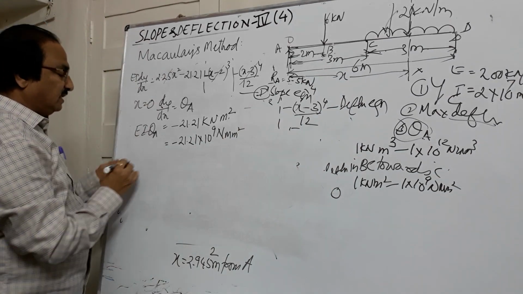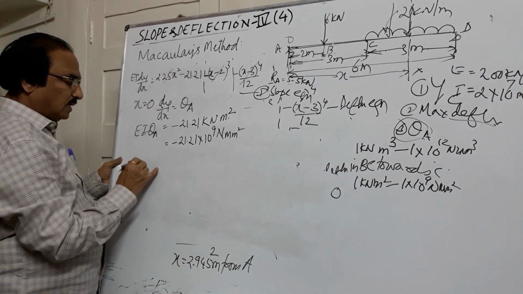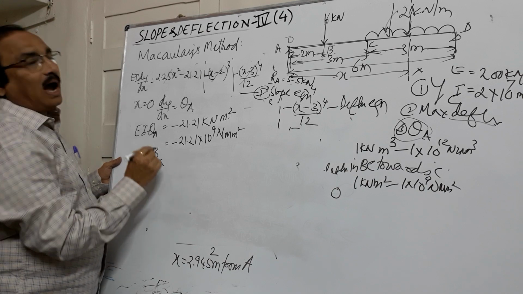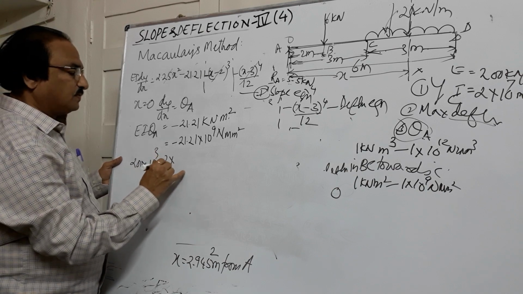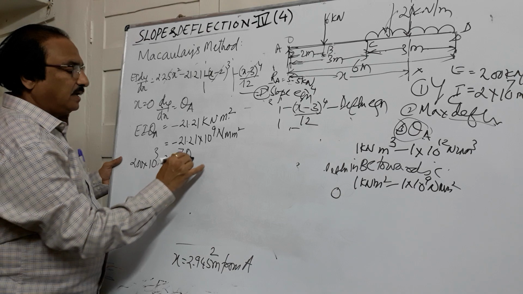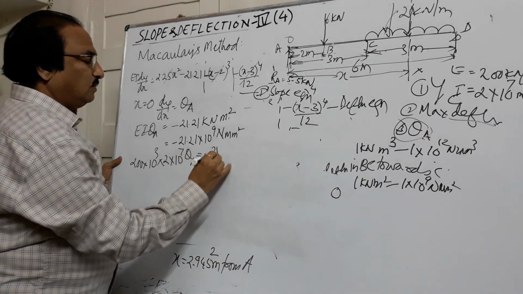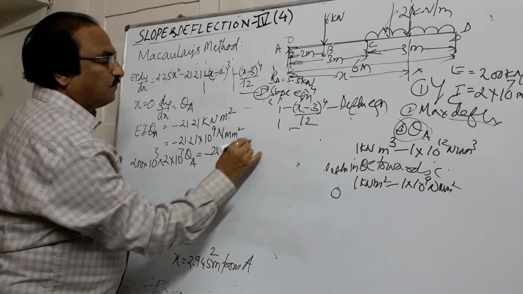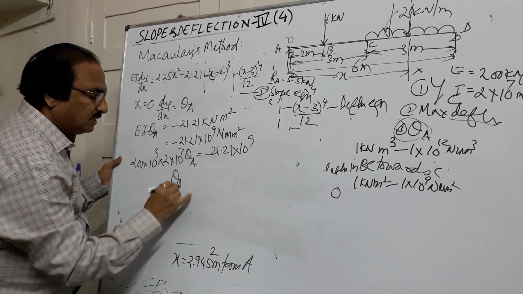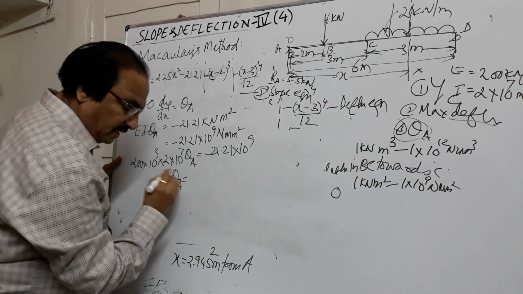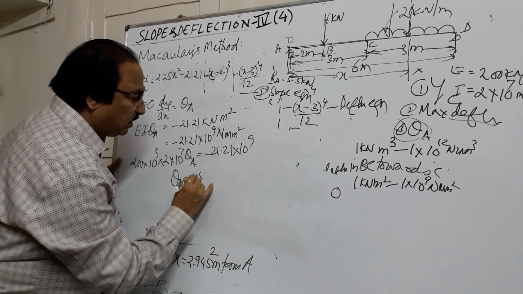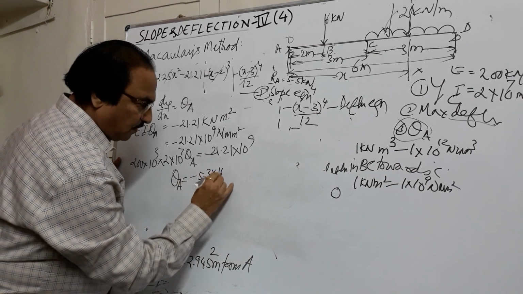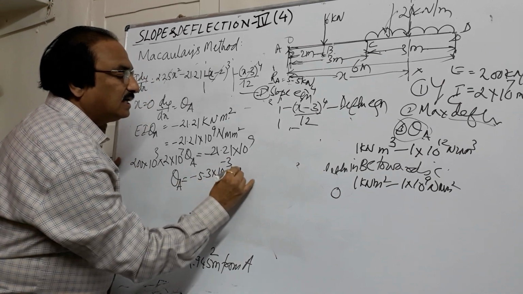So if you simplify this, you know the value of E is 200 into 10 to the power of 3, I is 2 into 10 to the power of 7, into theta A is equal to minus 21.21 into 10 to the power of 9. So only and only it is theta A. So the value of theta A is minus 5.3 into 10 to the power of minus 3, and this we get in radians.